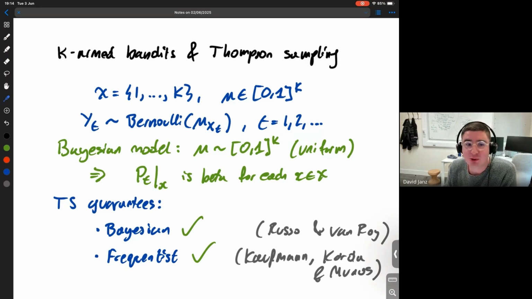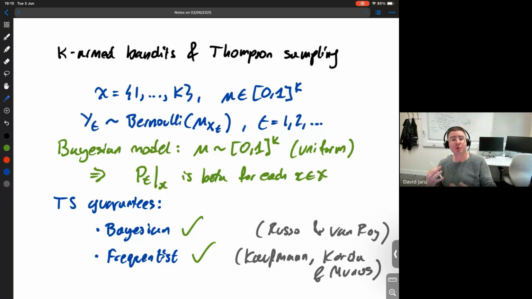There's a natural choice of a prior here, which is a uniform prior on the mean vector mu, sort of the least informative choice. And then under that choice, the marginal distribution for each entry is beta, which we know is nice and tractable. This is all closed form.